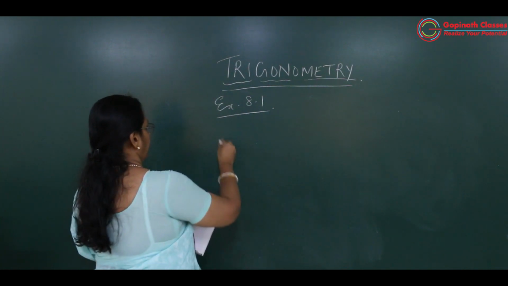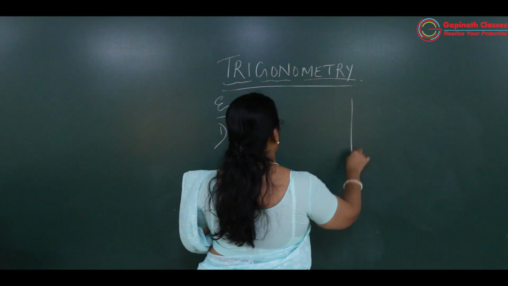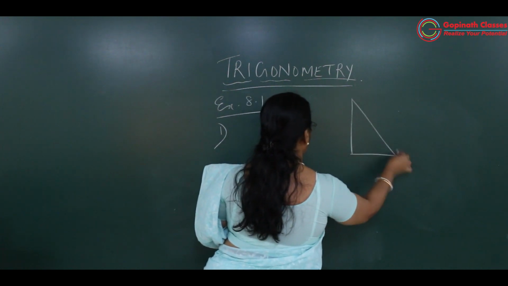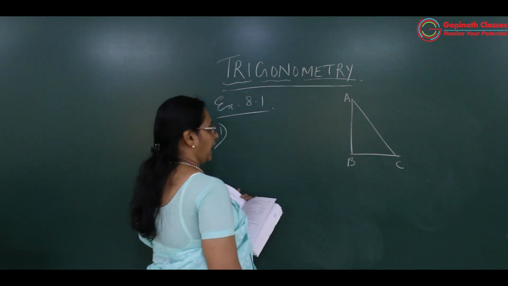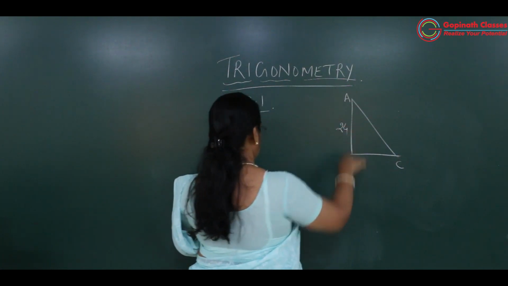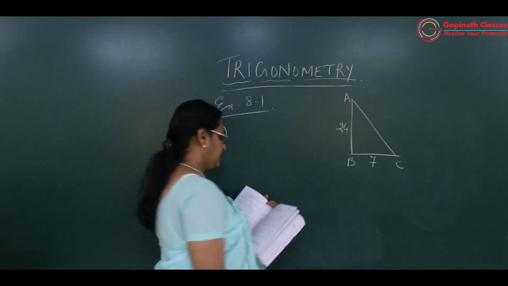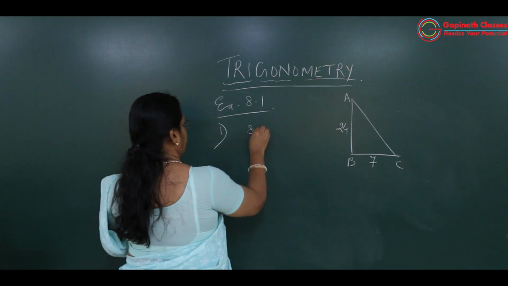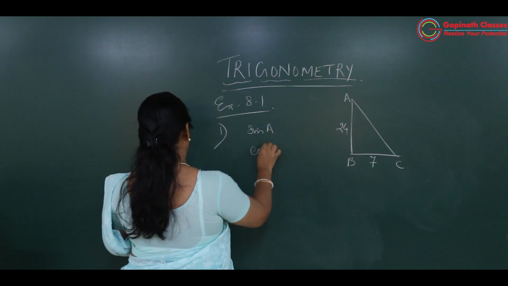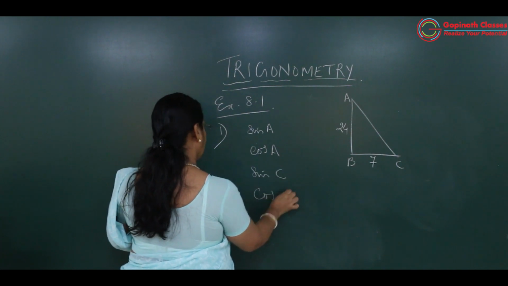First question, look. In triangle ABC, right angled at B. AB is 24 centimeter. BC is 7 centimeter. Determine sin A. We have to find out sin A, cos A, then sin C, and cos C.